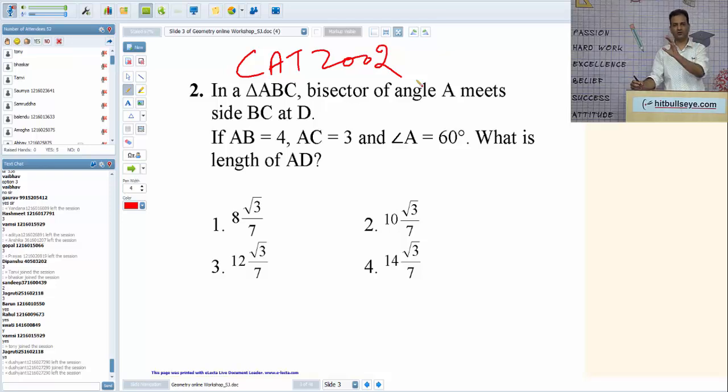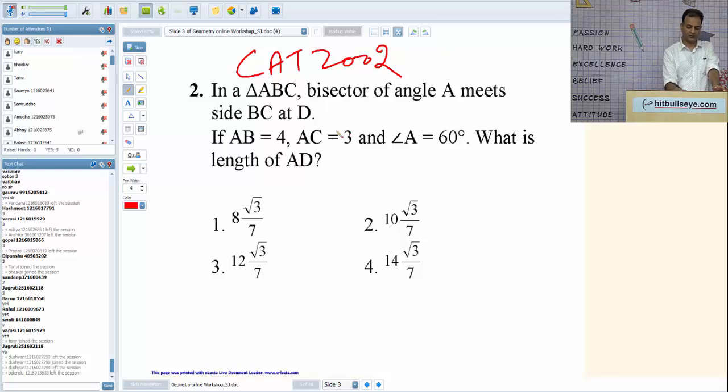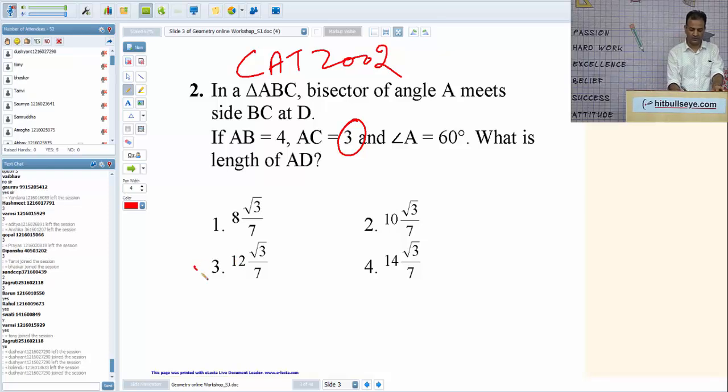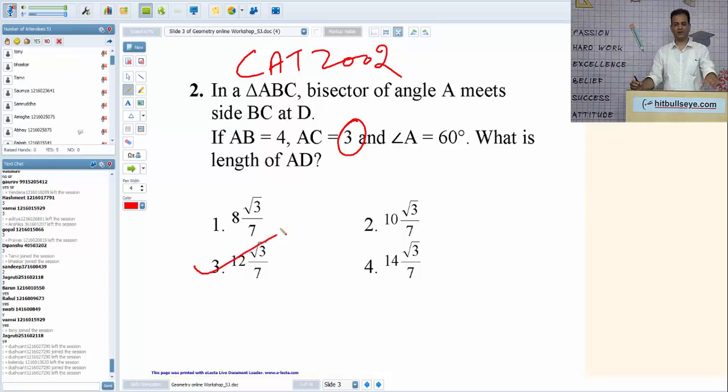In this, the prime number is 3, so 3 will play a major role. In these choices, only one multiple of 3 is there, which is 12. So you can take a chance in the paper also, because 8, 10, 14 are not multiples of 3, and the answer will come from these figures 3 and 4.